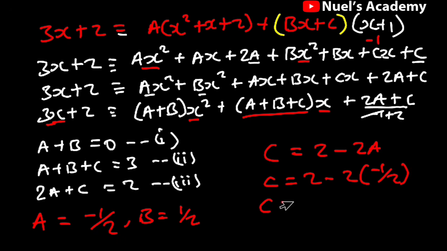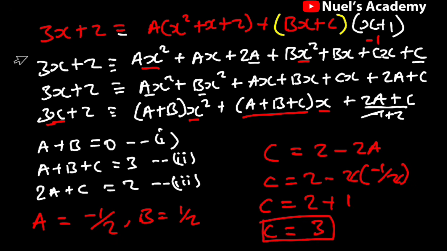So c is equal to 2 minus times minus is plus. This and this will cancel to give us 1. Alright, so c is equal to 2 plus 1, which is 3. So this is the value of c.